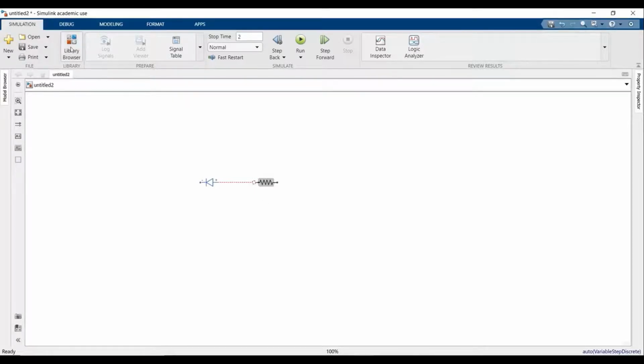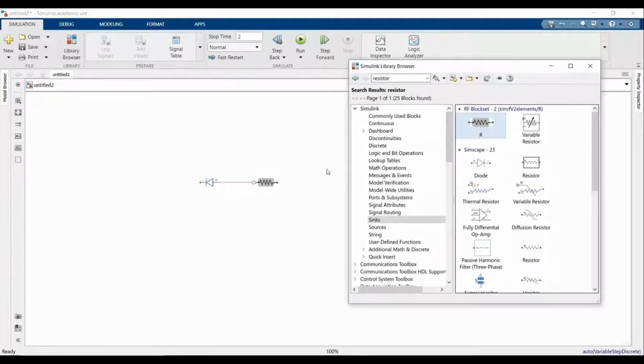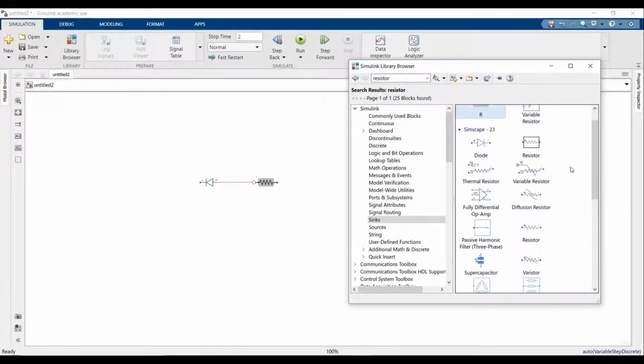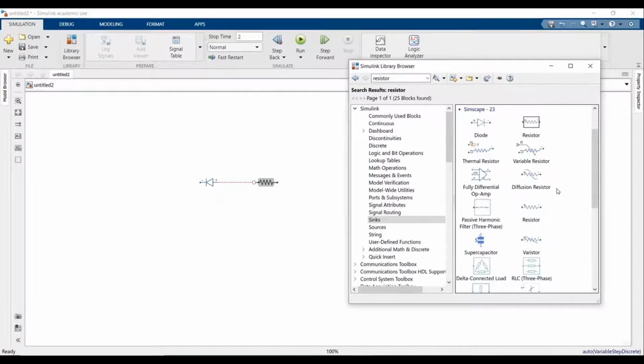So if I go back to my browser, you can see that the resistor that I picked up just now is from the RF block set. This is part of Simulink, and our diode is part of Simscape. So we need components within the Simscape so that they can interconnect.